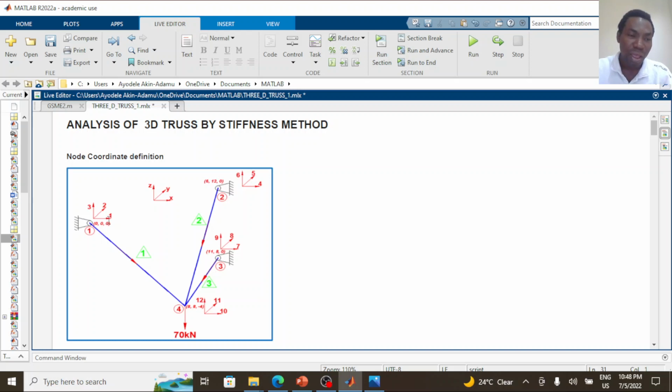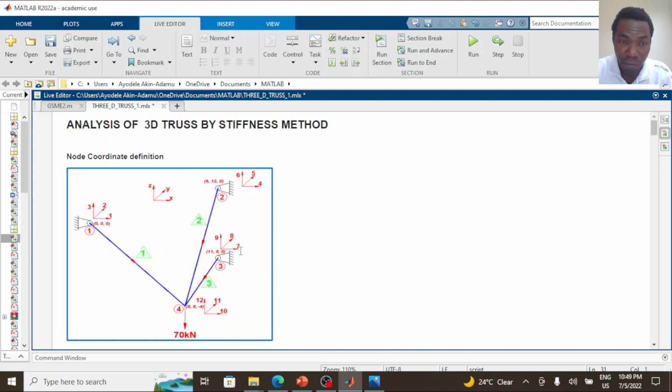So it means at direction 1, direction 2, direction 3 at node 1, there is no movement in those 3 directions. At node 2, the same thing. At 4, 5, 6, there is no movement in those directions. At node 3, the degrees of freedom are 7, 8, 9.